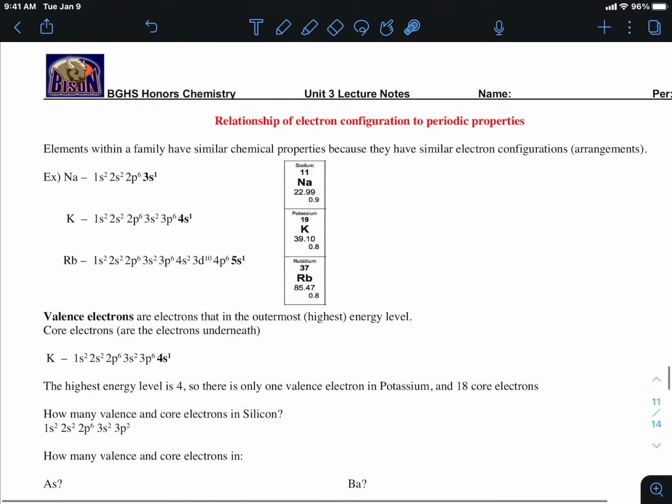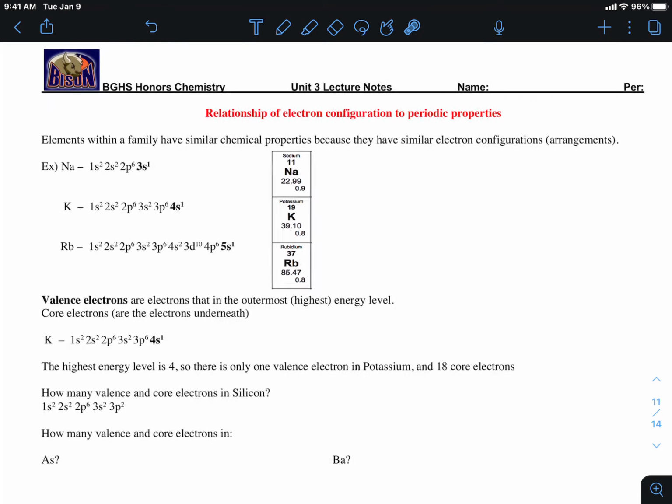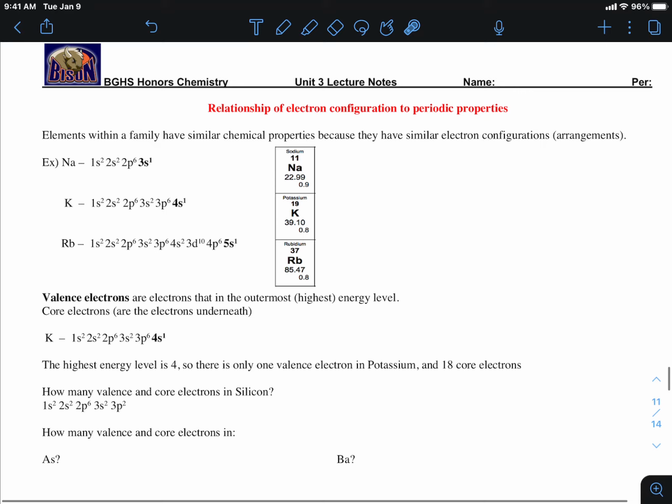So if we pick a family on the periodic table, like this first family with sodium, potassium, rubidium, what family are these from? Alkaline metals, that's right.